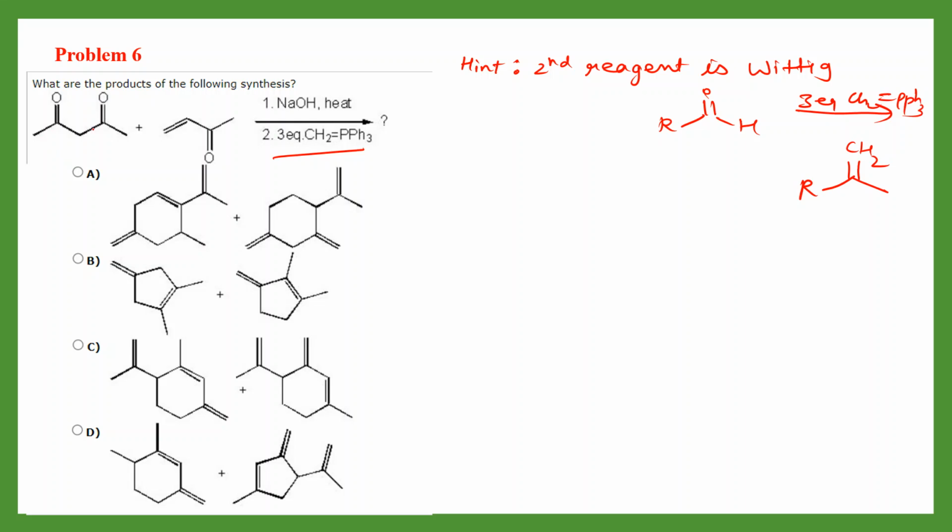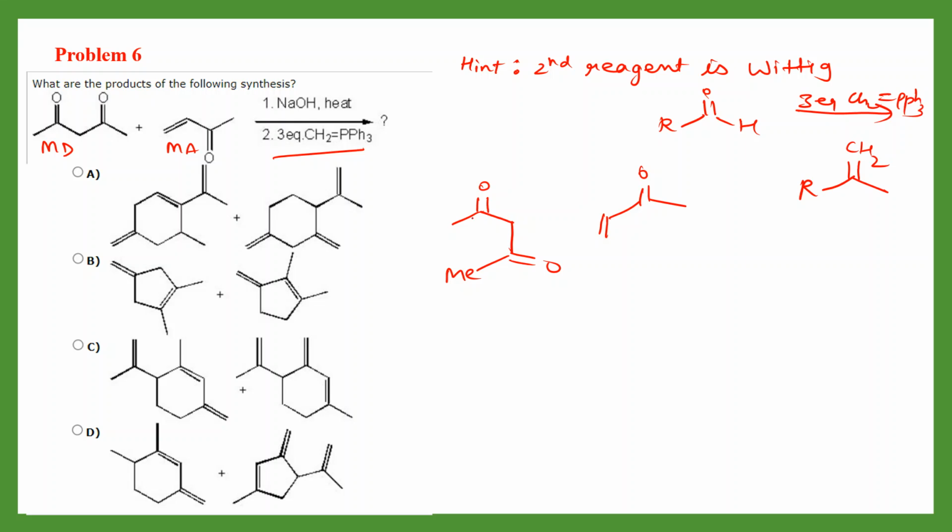First, let us draw the product. Okay. This is your Michael donor. This is your Michael acceptor. I have drawn correctly, na? Okay.